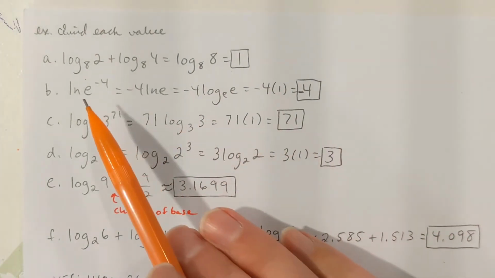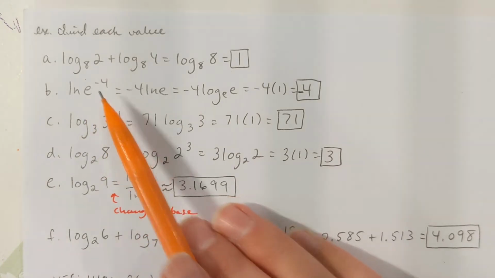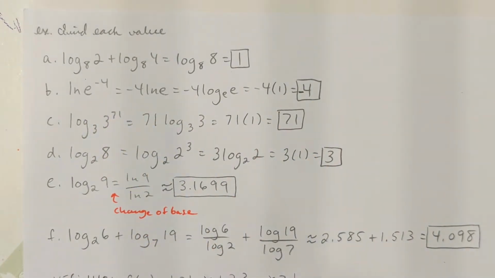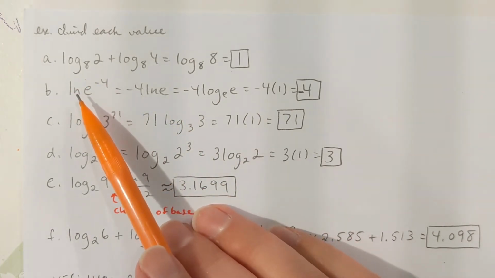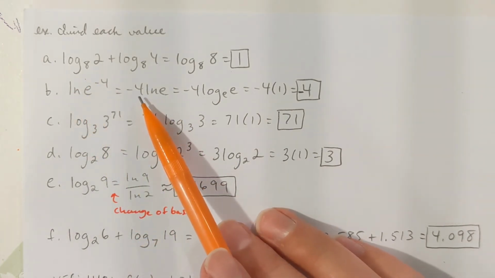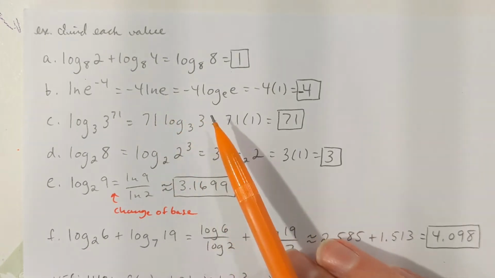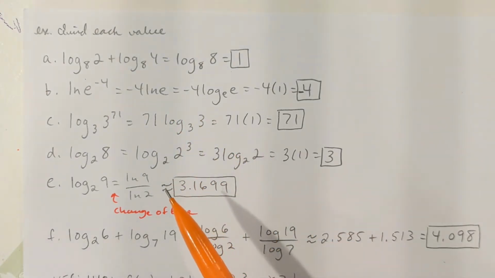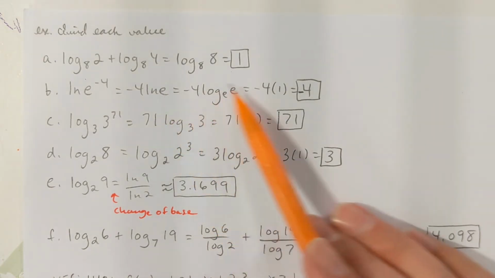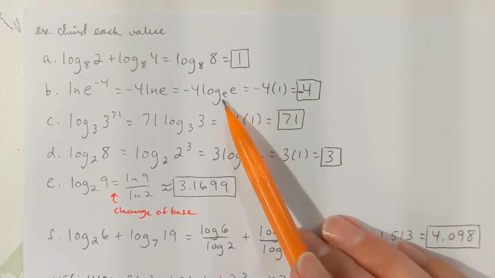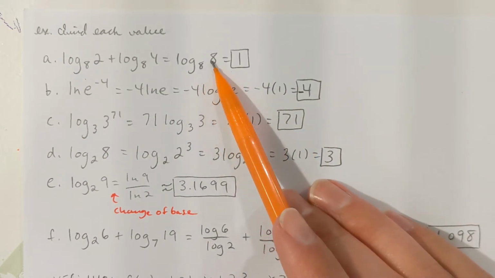Part B, I've got the ln of e to the negative fourth. Well, law 3 says that powers can come out of logarithms. So I'll do that. I've got negative 4 times the ln of e. Now, the ln notation is shorthand notation for representing log base e. The ln of e would be 1 since the base and the input number are the same.